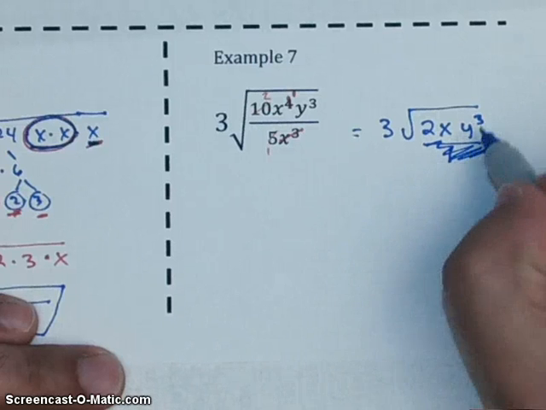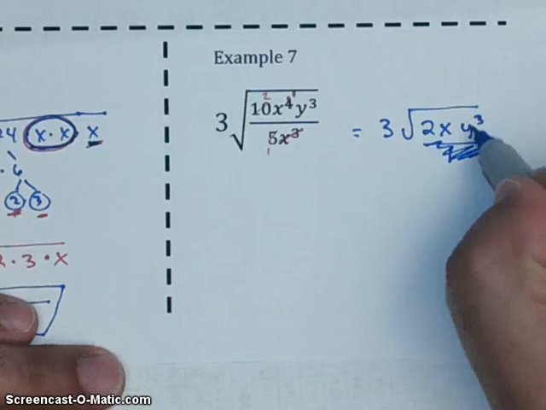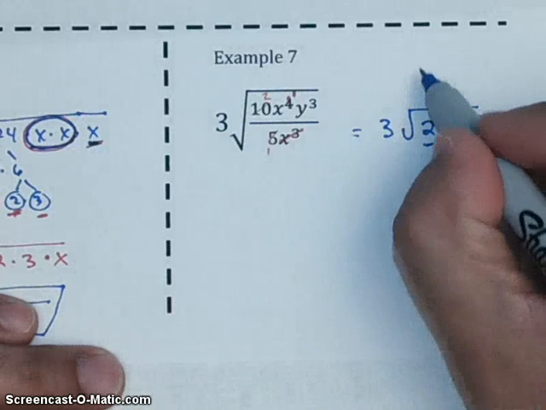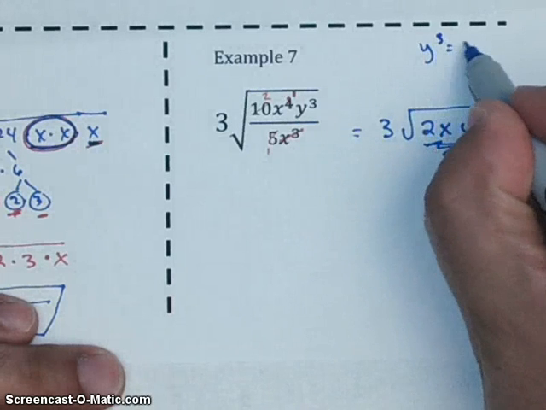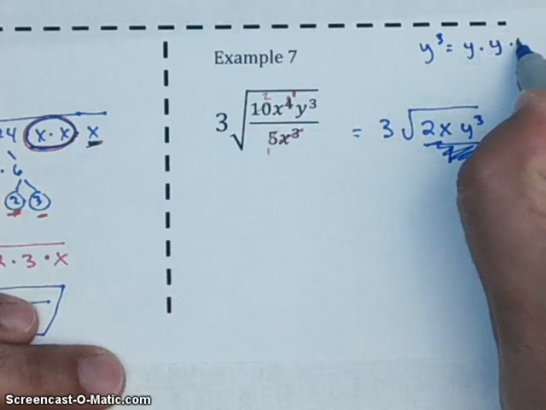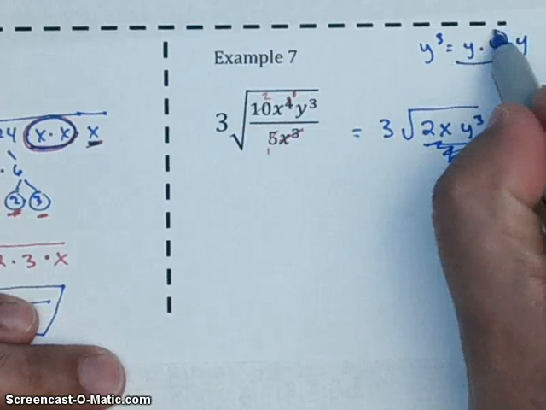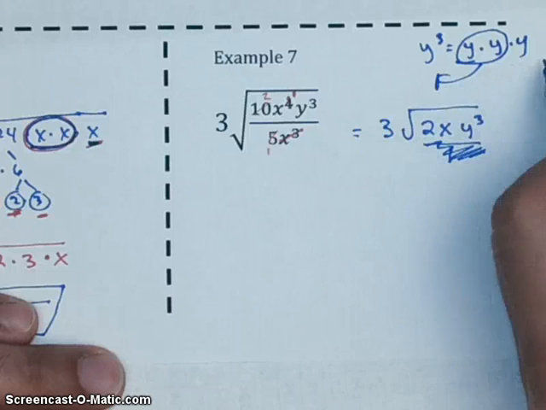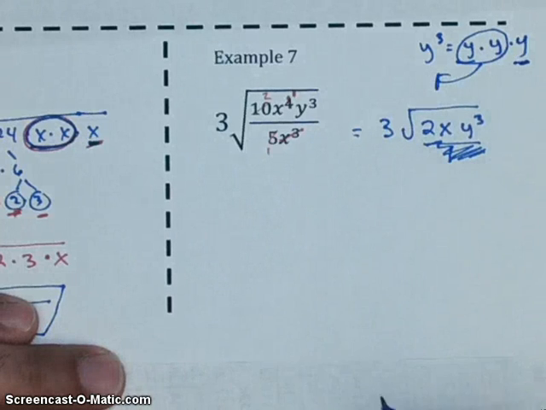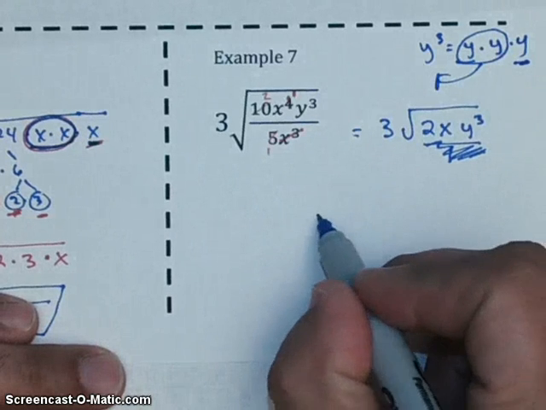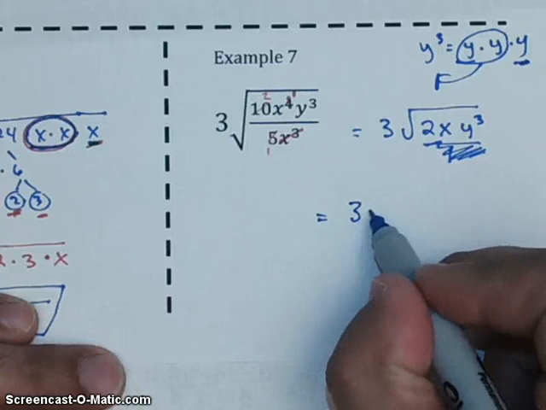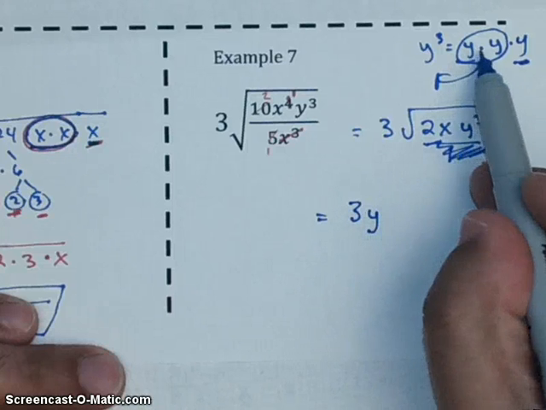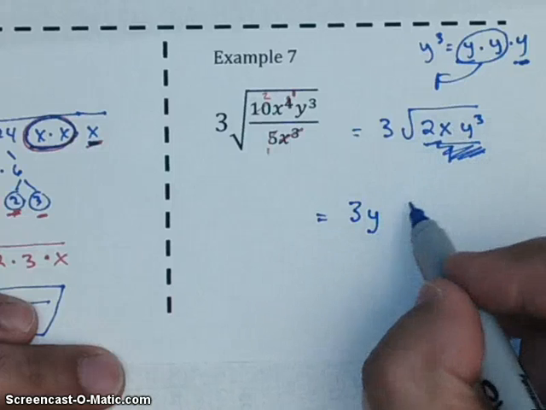Okay, so then the only thing that's left is this y cubed. Well, remember that y cubed is really y times y times y. So that does give me one pair of y's that's going to come out and one y that stays. So the answer is 3y for the pair of y's that came out.